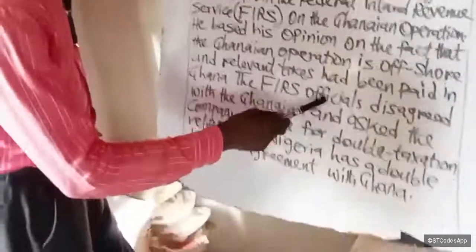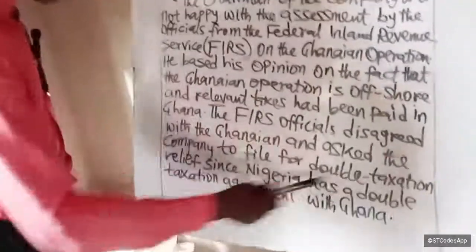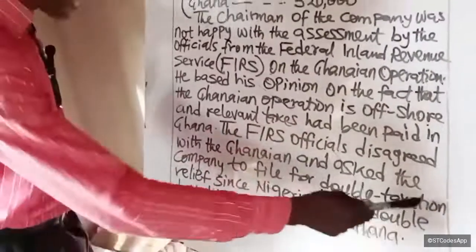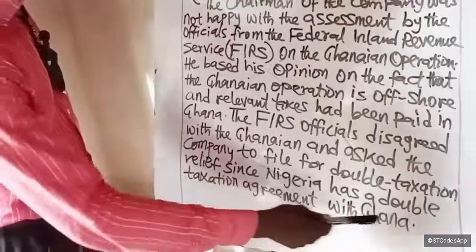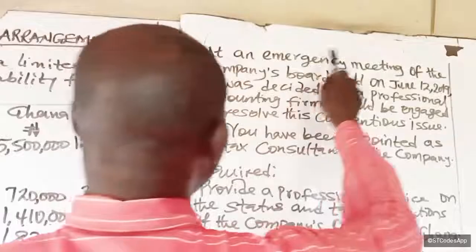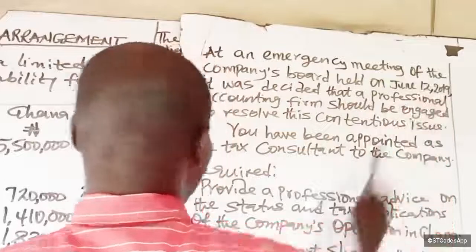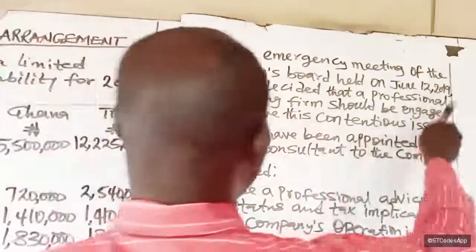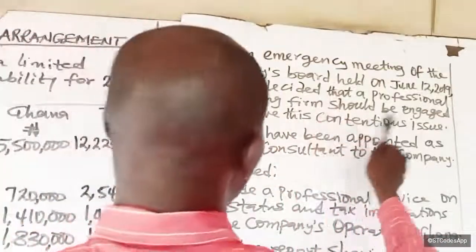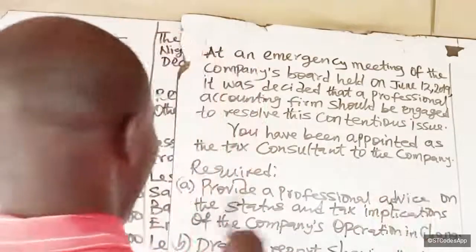The FIRS officials disagreed and asked the company to file for double taxation relief since Nigeria has a double taxation agreement with Ghana. At an emergency meeting of the company's board held on June 12, 2019, it was decided that a professional accounting firm should be engaged to resolve this contentious issue. You have been appointed as the tax consultant to the company. So, those are the information we need.